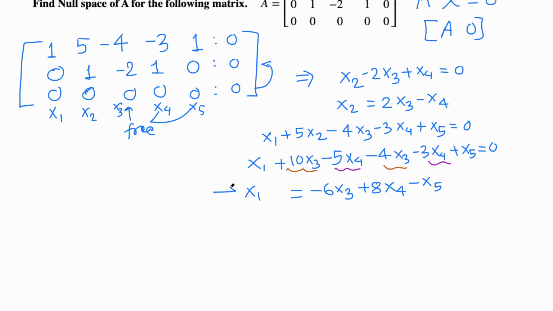So we got x1 here and x2 here, and x3, x4, x5 are free.